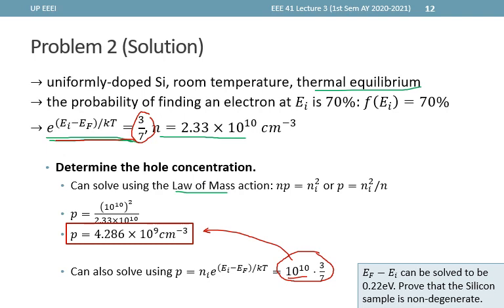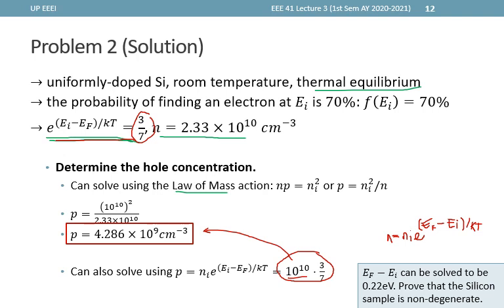Now, one thing we noticed is that previously we used n is equal to ni e raised to (EF minus EI) over kT, which is only applicable when the material is non-degenerate. But we have not yet proven that it is non-degenerate.